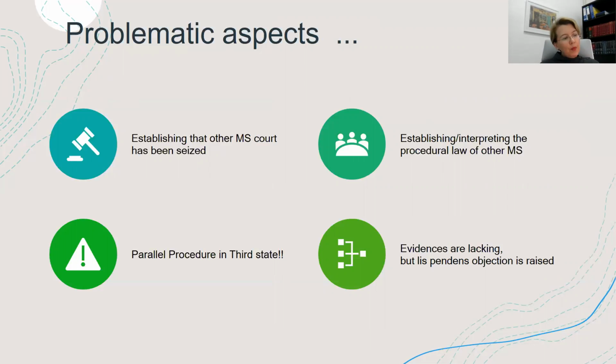However, the problem of parallel procedure in a third state remains in a legal lacuna when the recast Brussels IIter is at stake. We don't have any rule, we have some case law, but we also have very different national approaches.